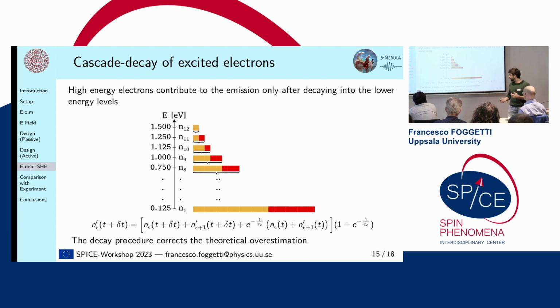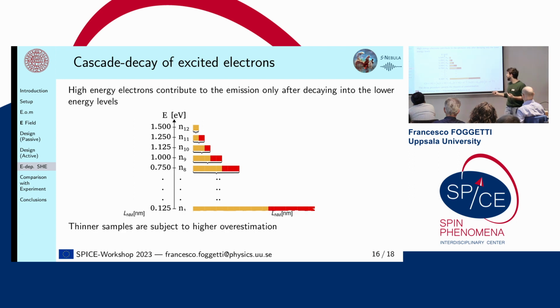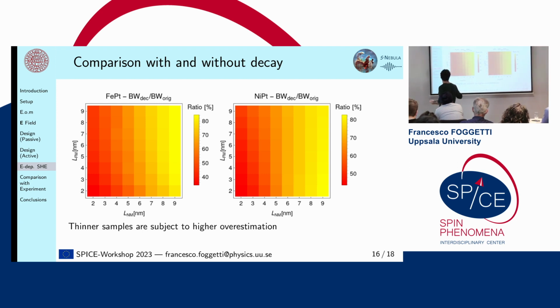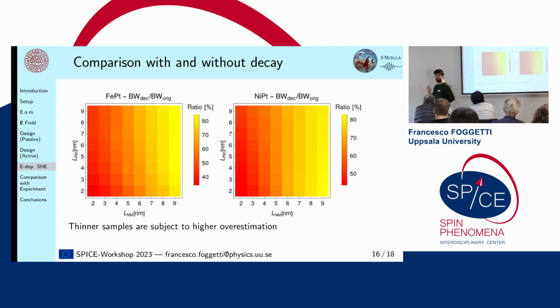Once I have this, I can use these new densities to recompute the current that I was using before. And after doing that, I can recompute my bandwidth. What do we see? This is just a ratio between the calculation of bandwidth before and after this kind of procedure. And there's some kind of systematicity in the shape of the material, in how the correction changes with the thickness. It's a matter of the program, of the model in this case.